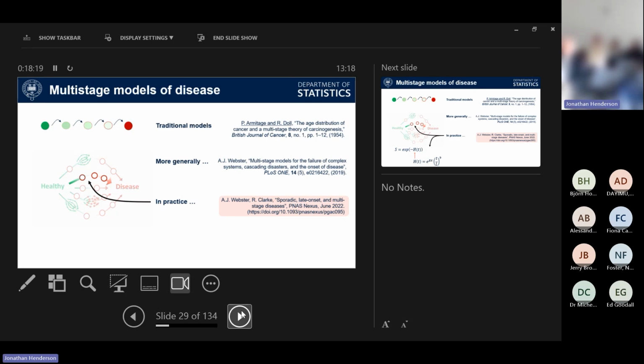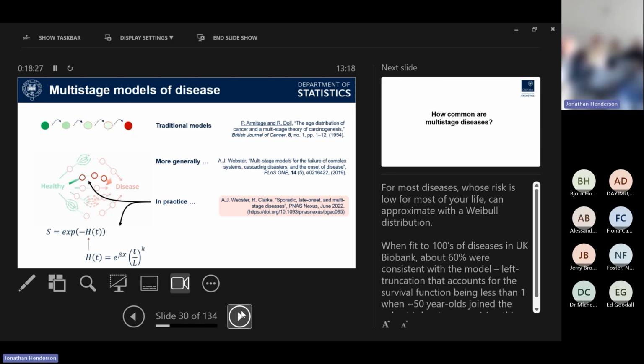And when you have this situation, then for most diseases in most people, you can approximate this with what is in practice a Weibull distribution. A Weibull distribution has a proportional hazards part with a relative risk, and it also has a cumulative hazard function that goes as h to a power.